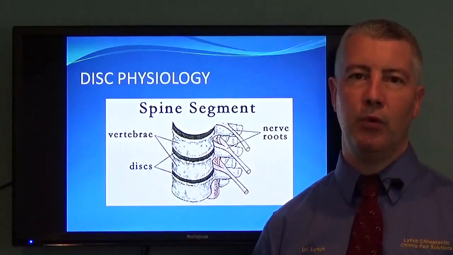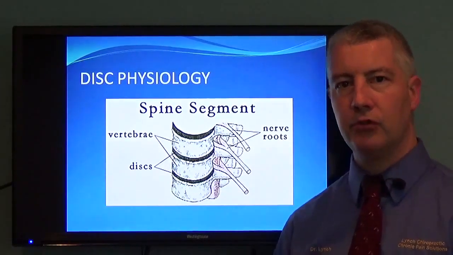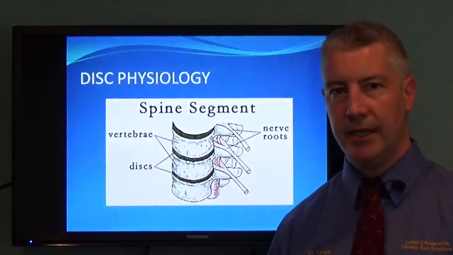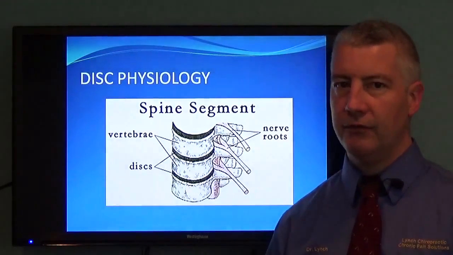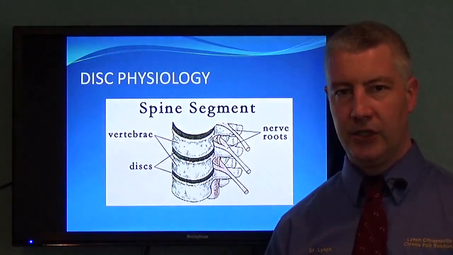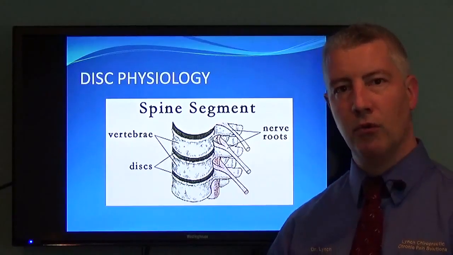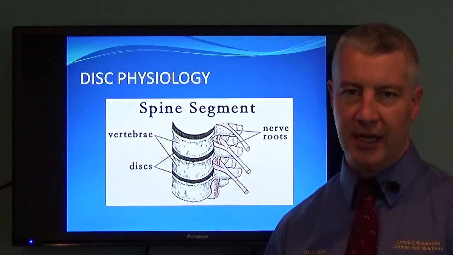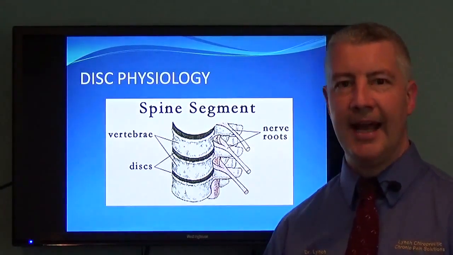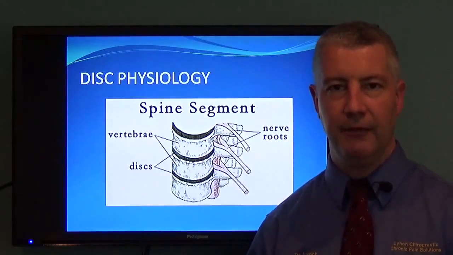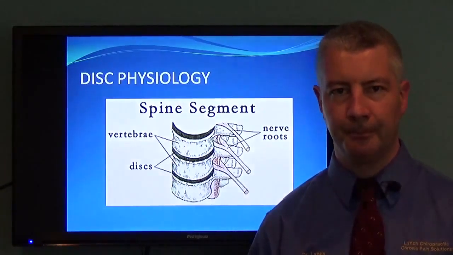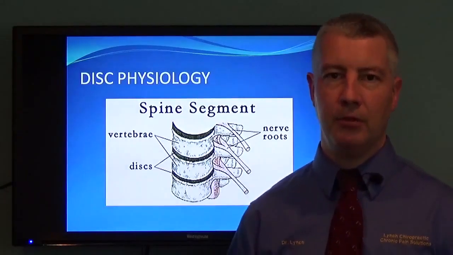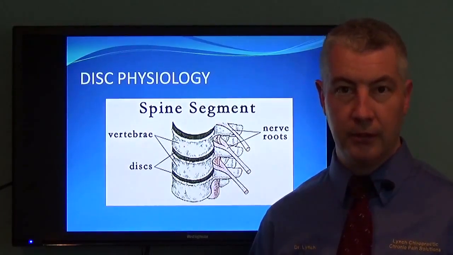Now, what we want to know about this is, how does this disc area work in health? Up to the age of 20, there's a good blood supply that comes through the bones to those discs. After the age of 20, there's a mechanical action that allows the nutrition or the metabolites inside that disc to go in and out of it, because that's how it basically lives. It's through proper motion. When you wake up in the morning, you're literally at your tallest.